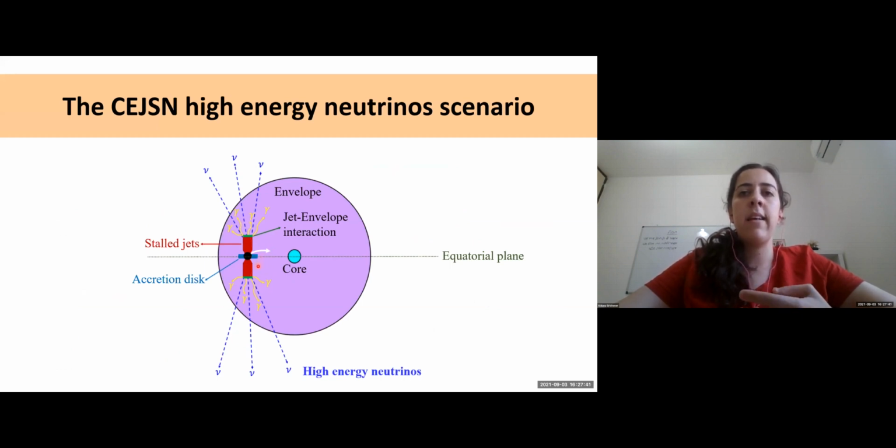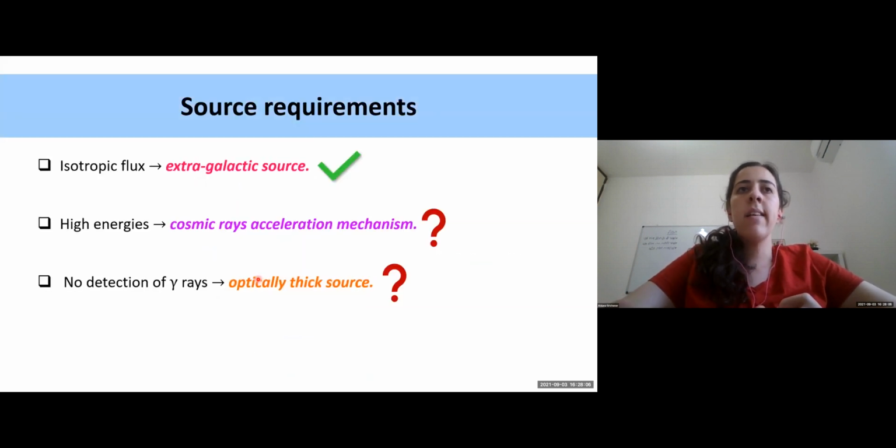In these jets, pions can be produced, emitting gamma rays and neutrinos. While the high energy neutrinos can stream out freely due to their low cross-section for interaction with regular material, the gamma rays would remain trapped inside the optically thick envelope in the case where the jets remain stalled inside the envelope.